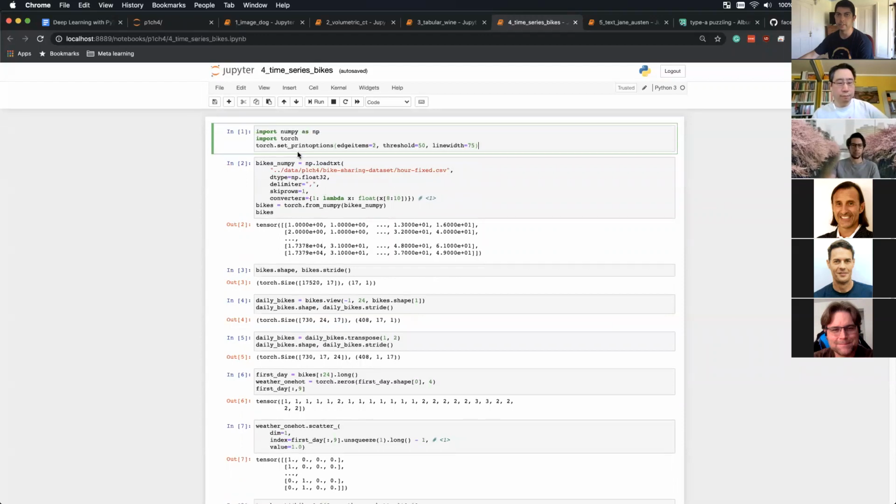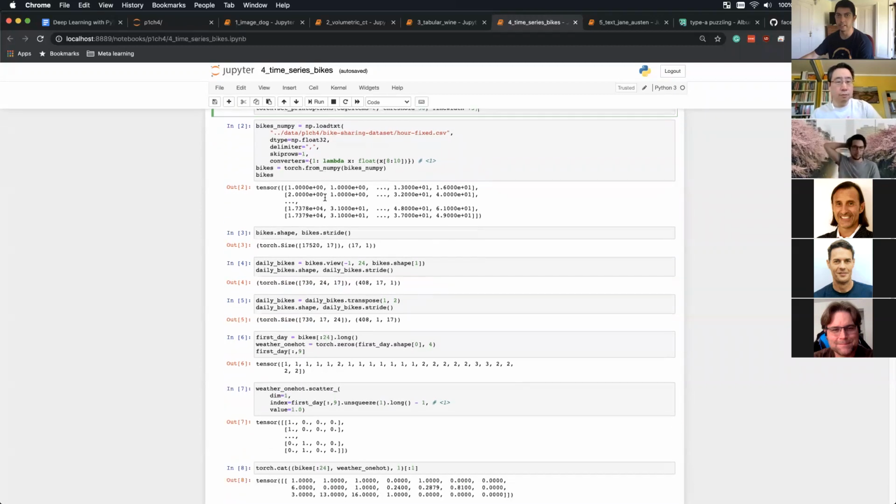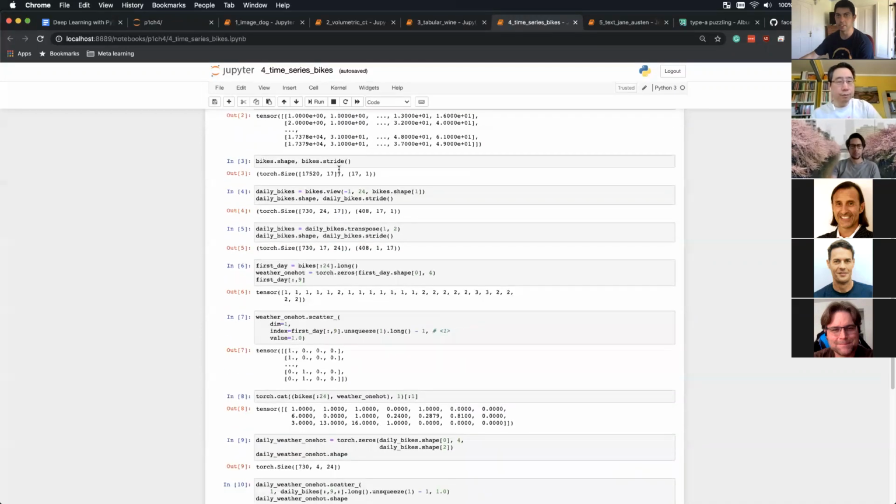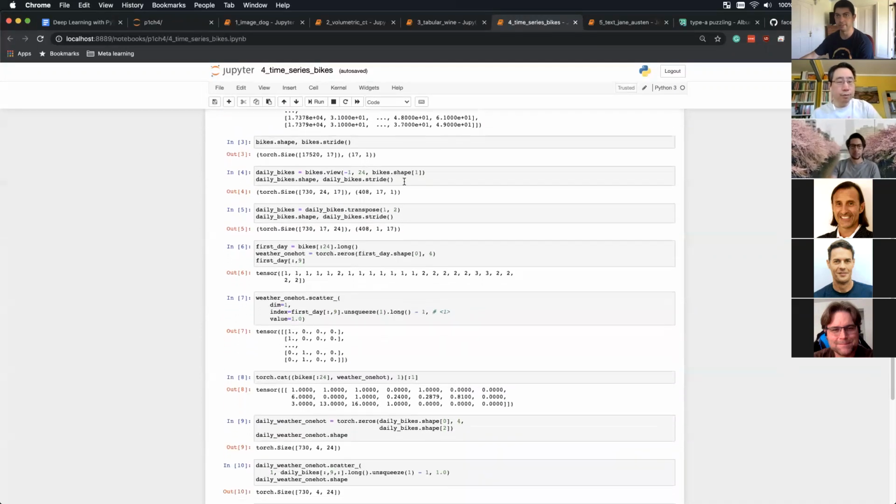Looking at the code, same thing, importing NumPy and Torch. These two basically always go together. And then they're loading in the bike sharing data set using NumPy, and then turning it into a Torch tensor. They're looking at the shape, the standard stride, and then doing that view operation that we were talking about.